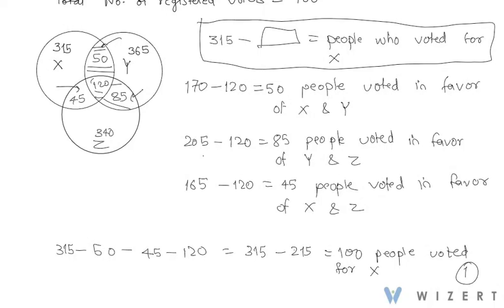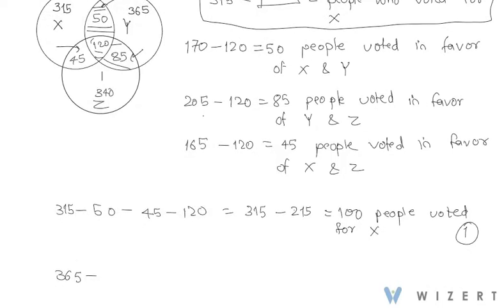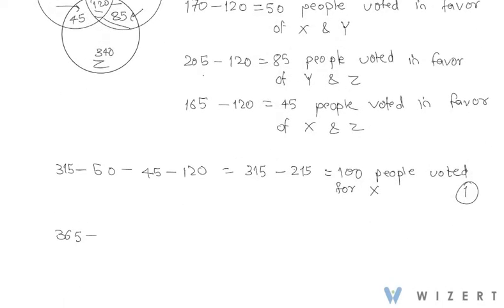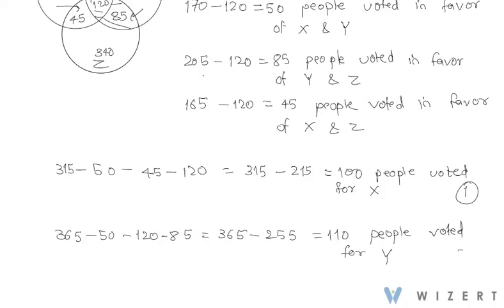So that would be 365 minus 50 minus 120 minus 85. 50 plus 120 is 170, 170 plus 85 is 255, so 365 minus 255 is equal to 110. So 110 people voted for Y only. This we will call equation 2.